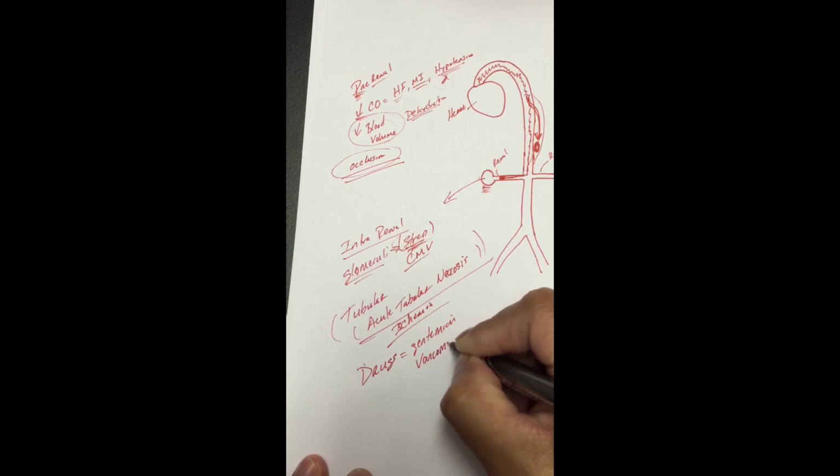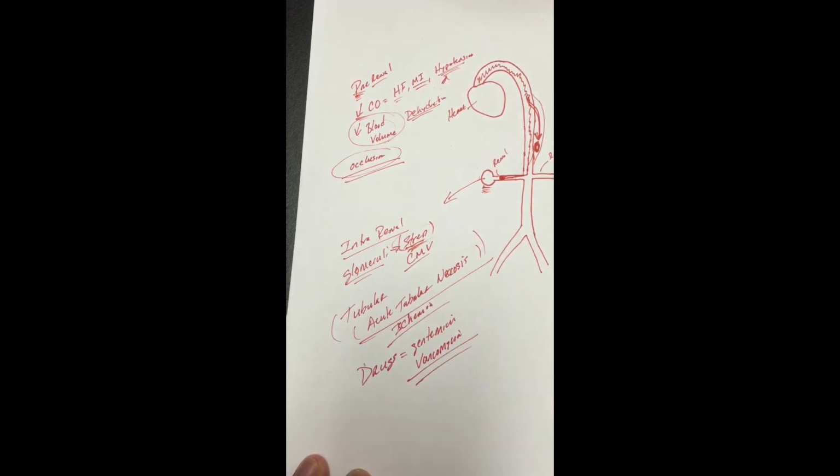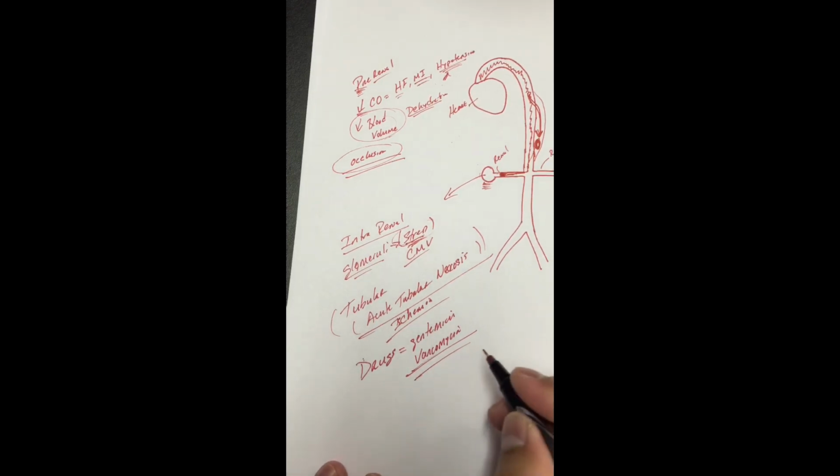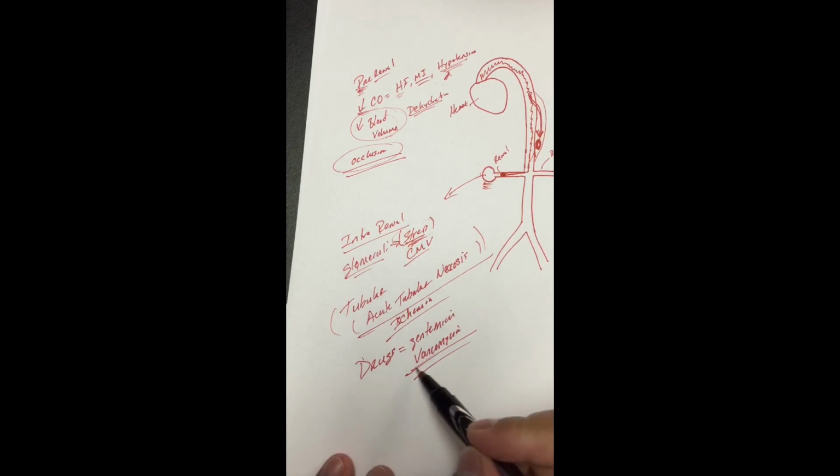Vancomycin. When you give vancomycin, you always have to check the levels. Because again, if you're giving too much, you can cause renal damage. So you always want to check your vanc levels. Make sure you're not giving too much.